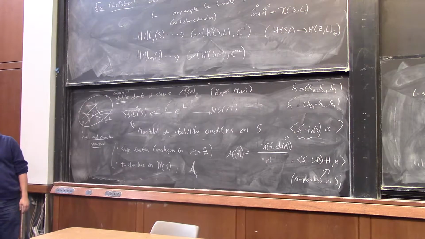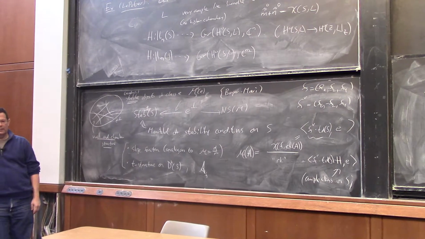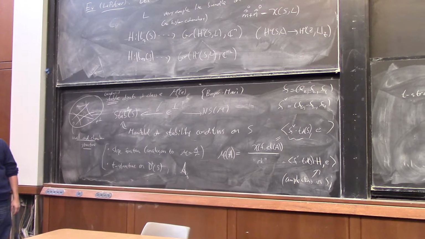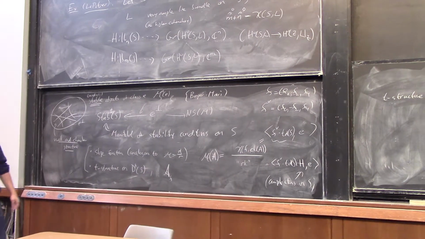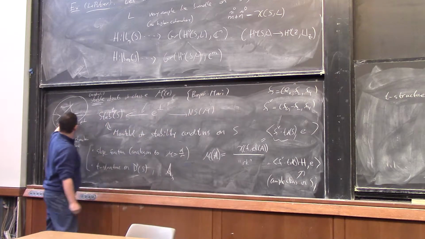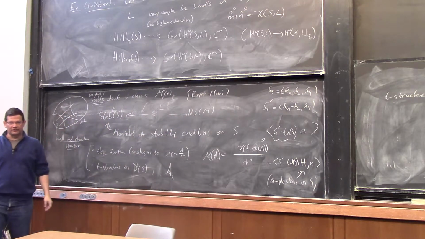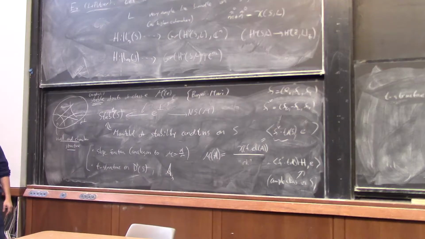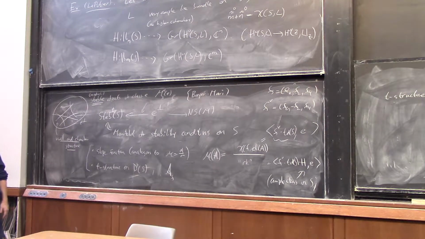So the projectivity of the moduli space of stable objects, this is due to what? Okay, so maybe I should say a few results. The result of Bayer and Macrì says that these line bundles are positive on the moduli spaces of stable things in an appropriate range where everything is defined. Positive means ampleness? Yeah, that's the catch.